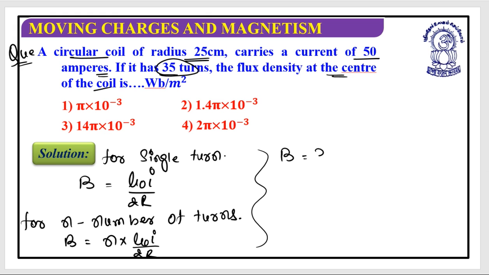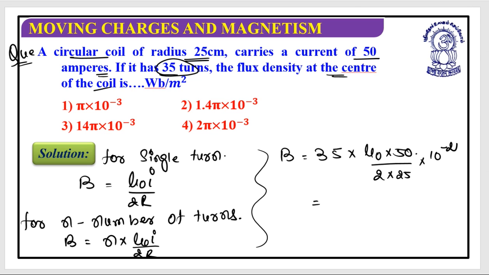It's n, which is 35 turns, multiplied by mu naught multiplied by I, which is 50 ampere, divided by 2 into radius. The radius is 25 centimeter, so it's 25 into 10 to the power minus 2. I hope this is clear.